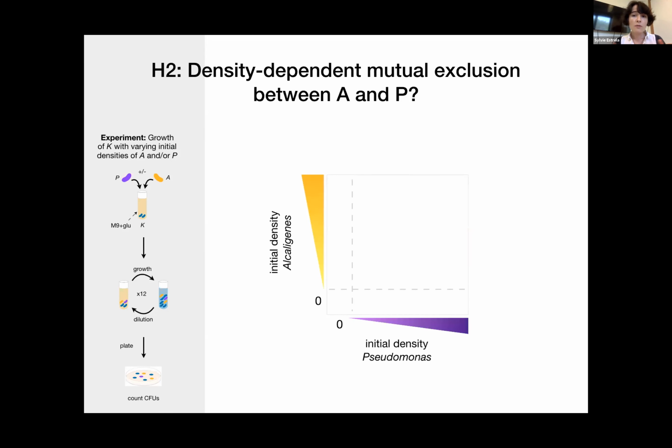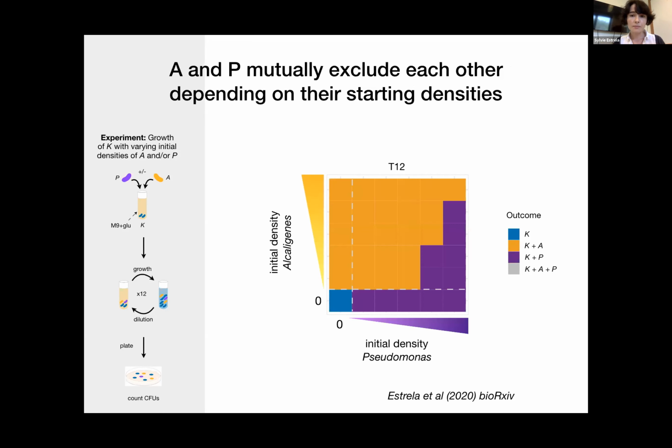With this setup, we can map a two-dimensional phase portrait with the outcome of competition at different initial density combinations. After 12 transfers, what we find is that P and A can coexist with K alone, but not together, which shows that A and P mutually exclude each other.